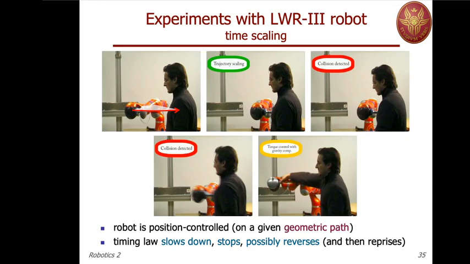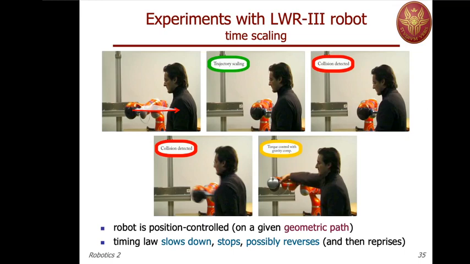You see that the prescribed motion was hitting the trunk of the body of Sami, and these are snapshots that show all the possible situations that can happen. So the robot moves, touches the body.